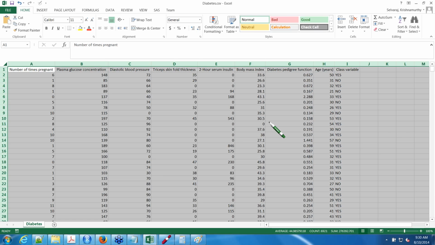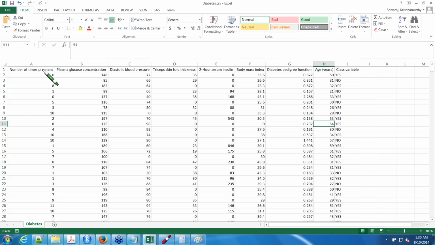So this is a healthcare dataset where the target variable is going to be the class variable. Always remember, it can be called the target, dependent variable, class variable or class label. I'm going to predict yes or no, whether the patient will get diabetes or not.